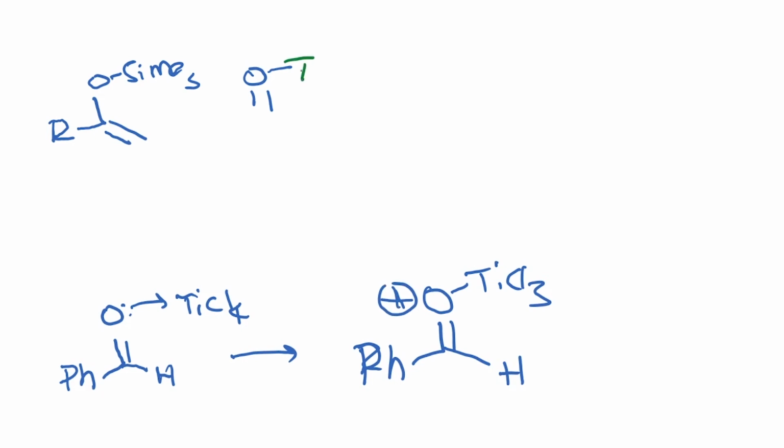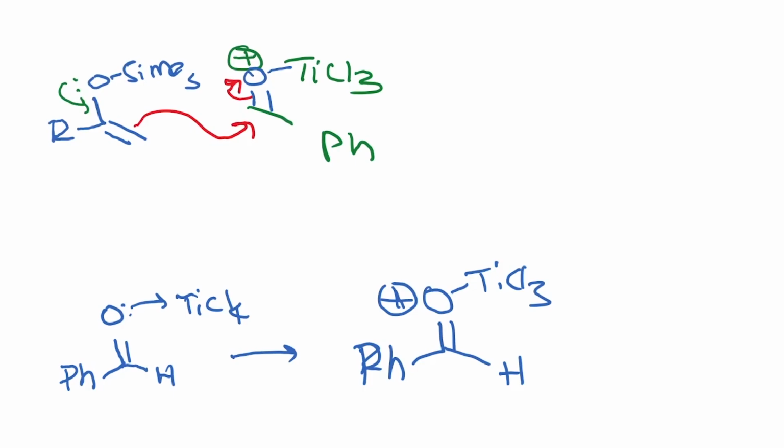So if we generate species such as this, now what we can propose is that the silyl enol ether is activated enough that it would come here, attack here, and neutralize that positive charge that we have seen.